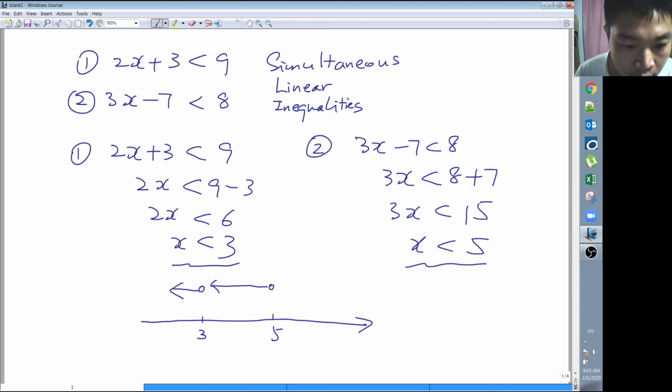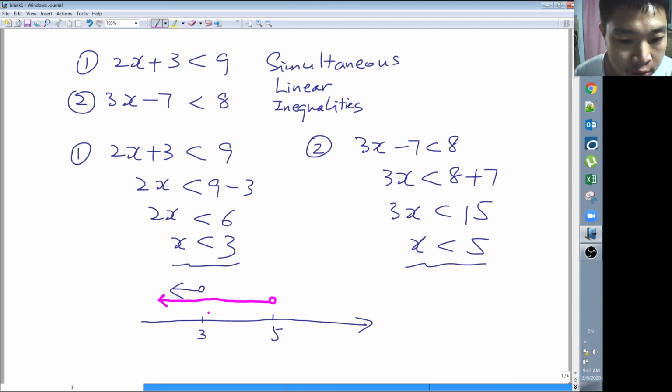Okay, so let me represent this using a different color. So hollow small circle to represent 5 is not included, and then smaller than 5, so it should be to the left. Okay, so you have two inequalities represented on this number line.